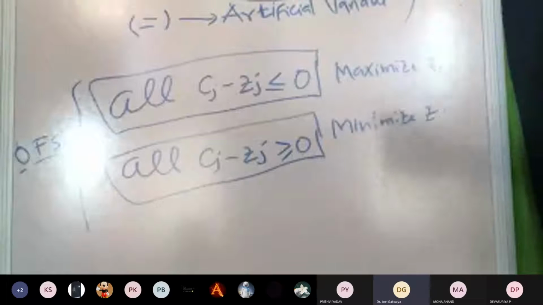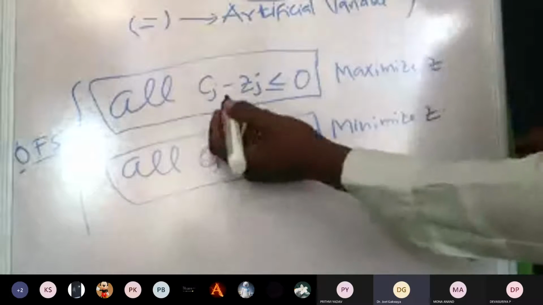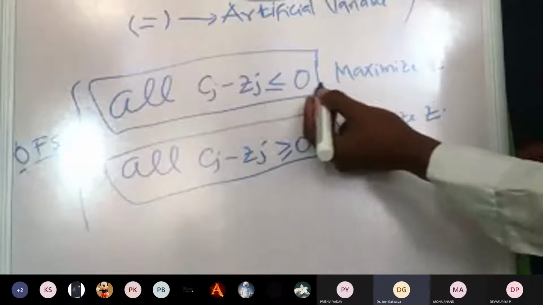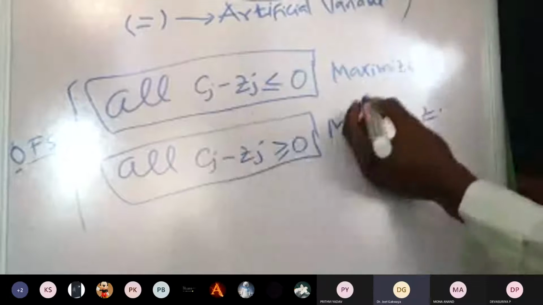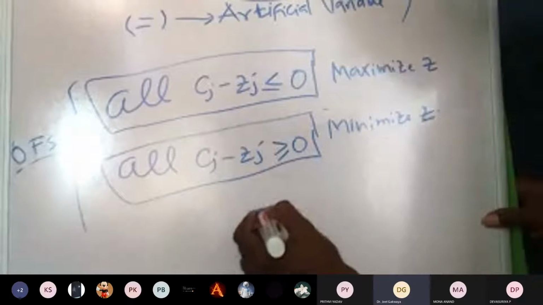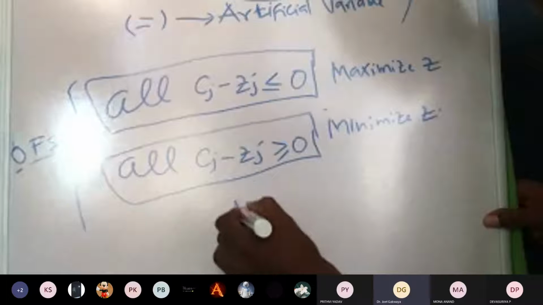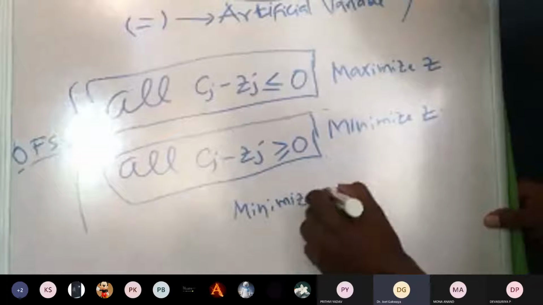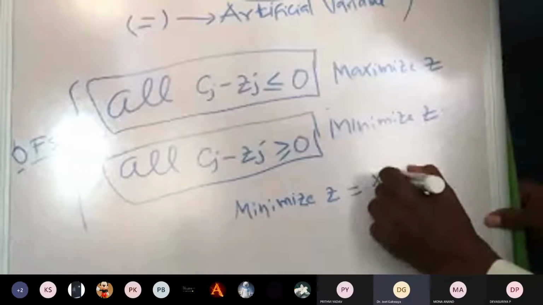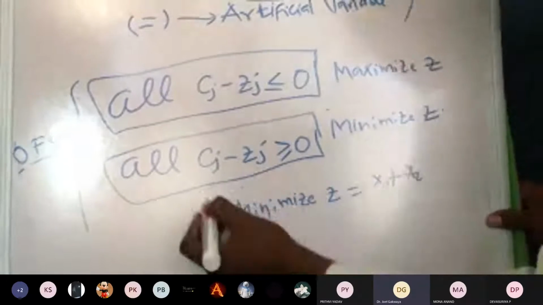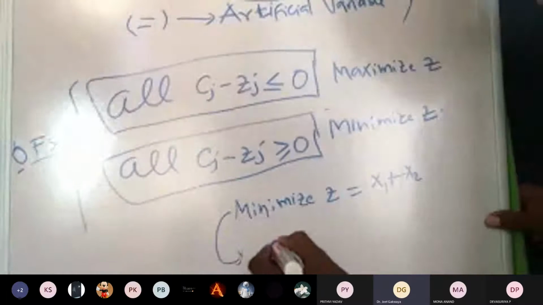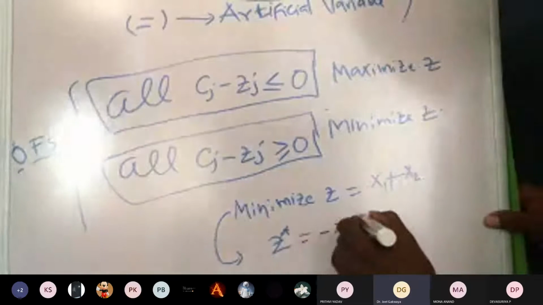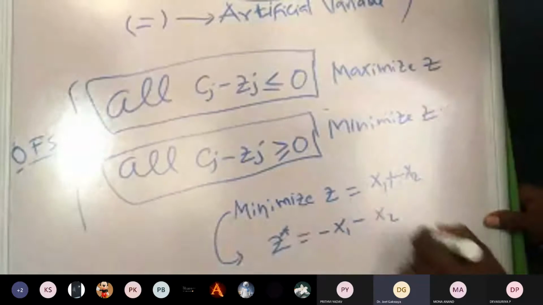Another point I told you yesterday: if you convert a minimize problem to maximize, for example, minimize Z equals x1 plus x2, converting it to maximize gives maximize Z star equals minus x1 minus x2.